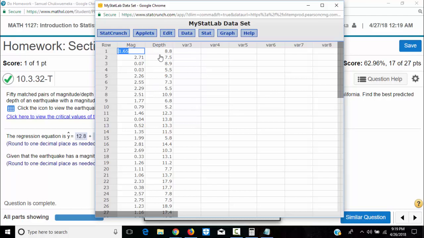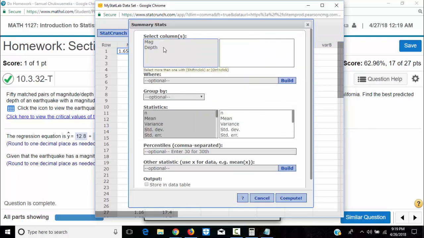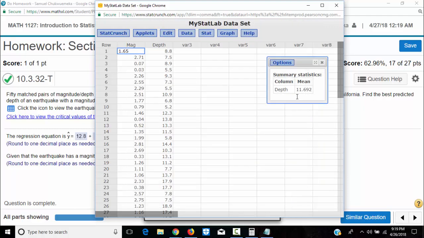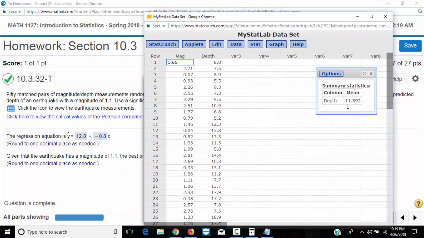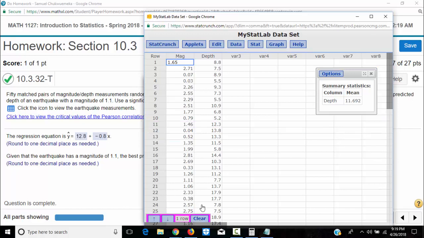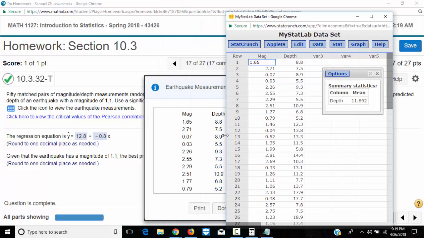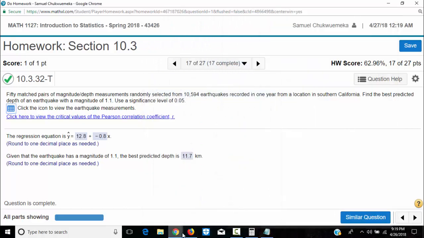Now y is the depth, and this is the x. So go to Start, Summary Stats, Columns, select only depth, select only mean, and compute. And you can see that that is 11.692. You can close this here.